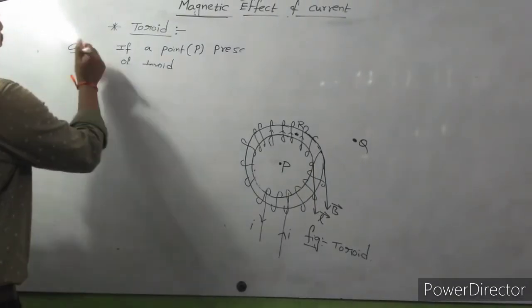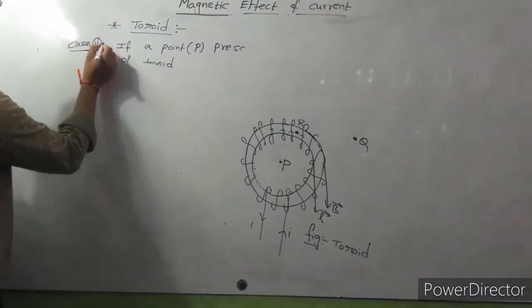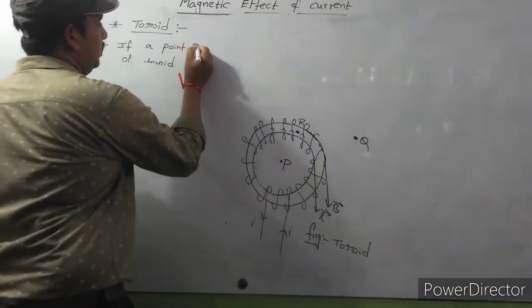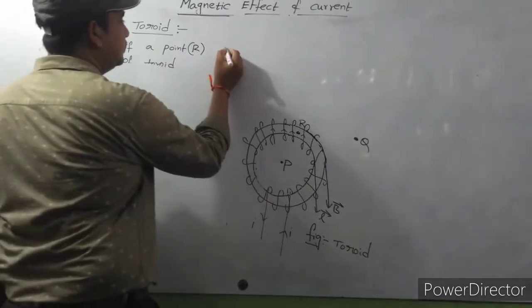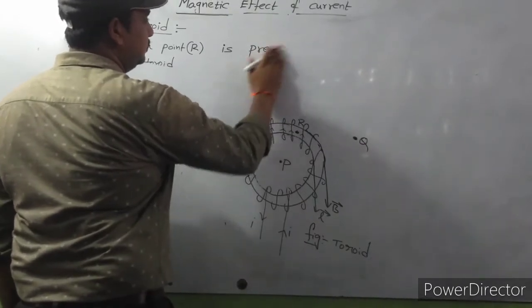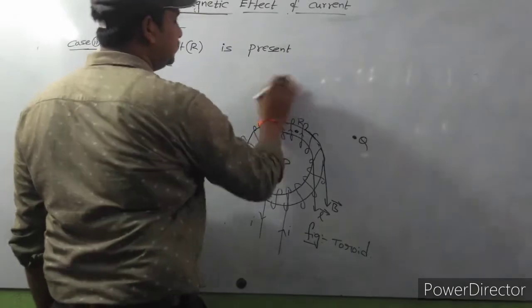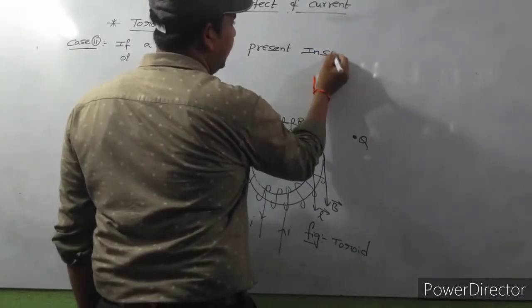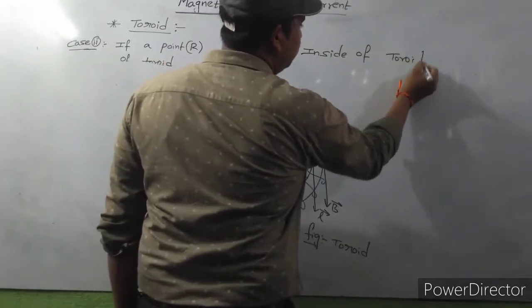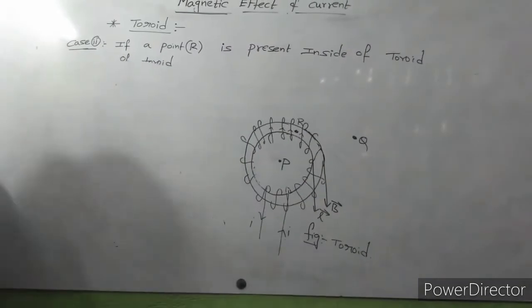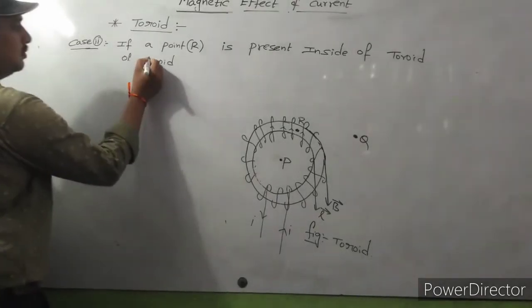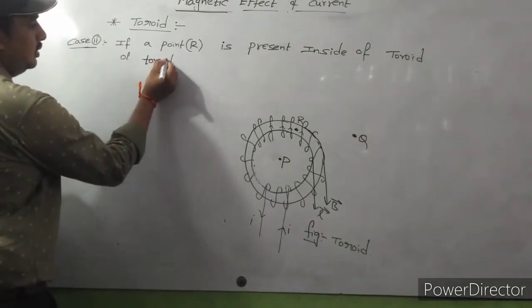Okay, so now case 2. If your point R is present inside of toroid, if a point is present inside of toroid, okay.